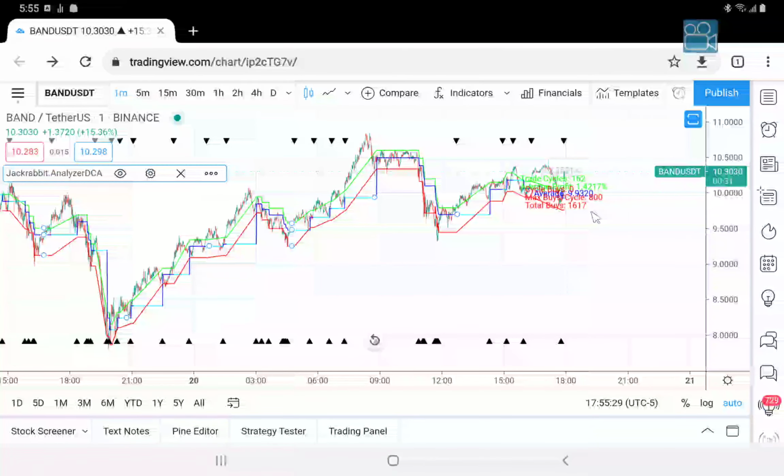Do not, under any circumstances, use this approach unless you have a very deep pocket. Read this carefully. 1,617 total purchases with a current accumulation of 800.